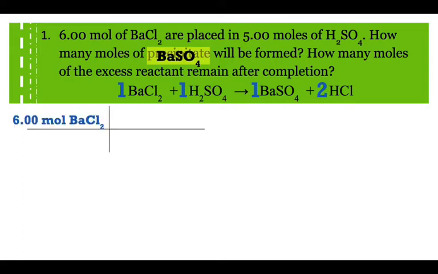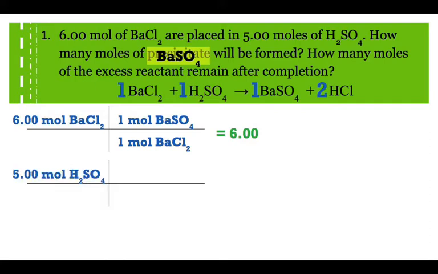So, we're just going to start from that first given that I see, moles of barium chloride, and this is going to be a 1-to-1 ratio to convert from barium chloride to barium sulfate, and that tells me that if all the barium chloride is used, then that will make 6 moles of barium sulfate, but I have another given to use, so I have another problem to set up, still a 1-to-1 ratio.